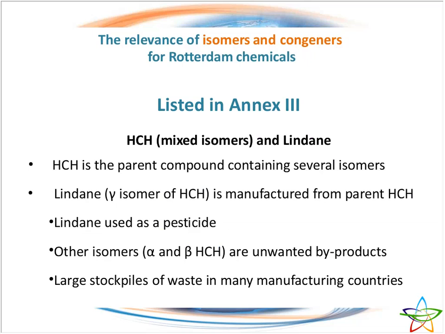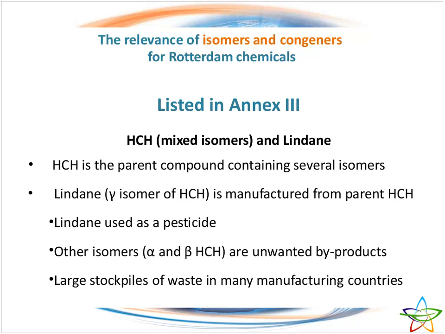Now, the HCH is actually the parent compound, and there was a very explicit example in the first presentation Rainer gave about the 6 chlorines replacing the 6 hydrogens on the cyclohexane, and how they were organized in space, so the stereoisomers.